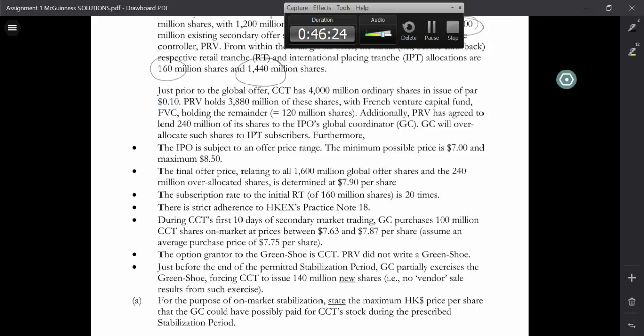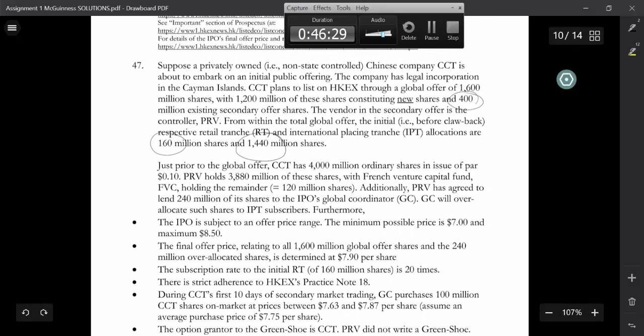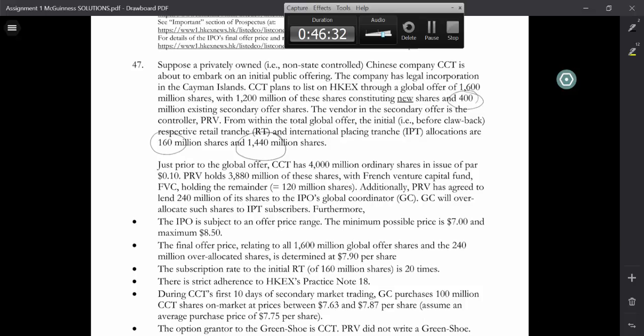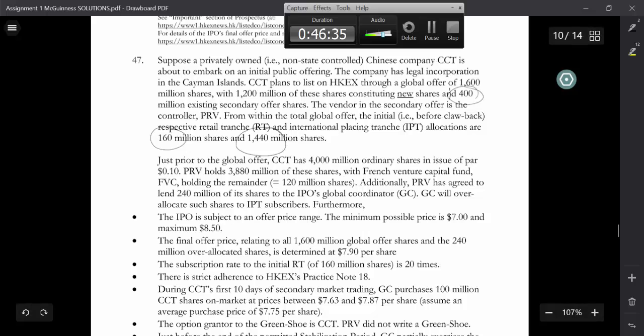PRV is holding 3.88 billion of these, so that 400 million secondary shares will all come from this 3.88 billion, with French venture capital holding the remainder. Well, that's very little, 120 million. Additionally, PRV agrees to lend 240 million of its shares to the IPO.